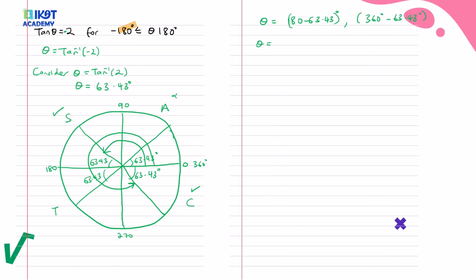So theta will be 180 minus 63.43, and here I get 116.57 degrees. And here I get 296.57. So I have these two.